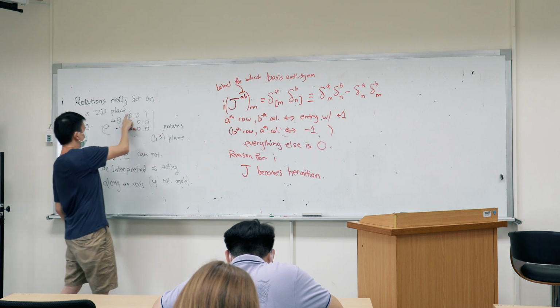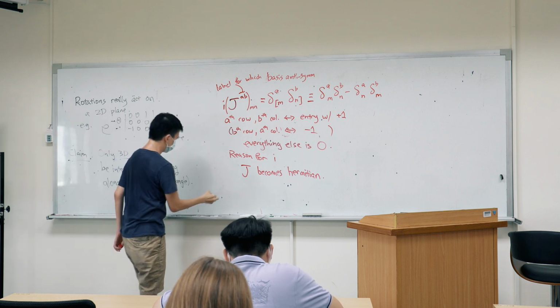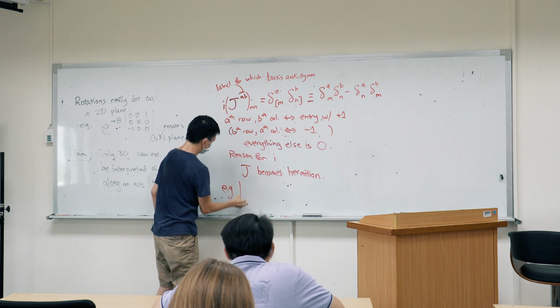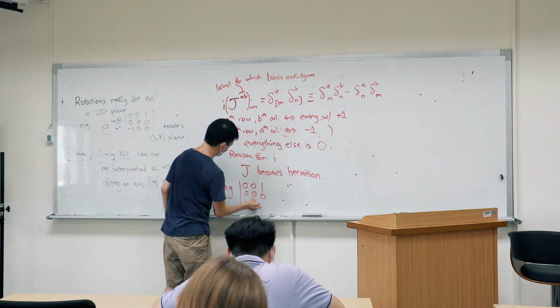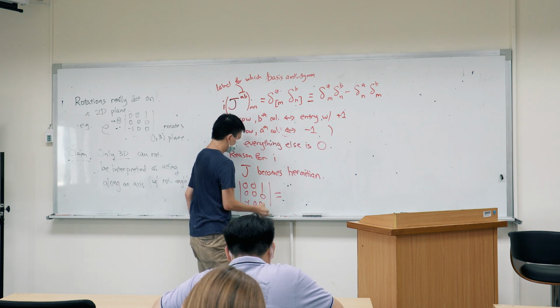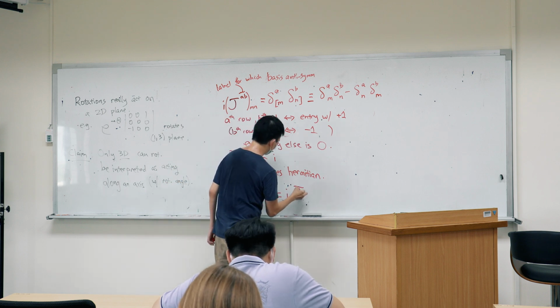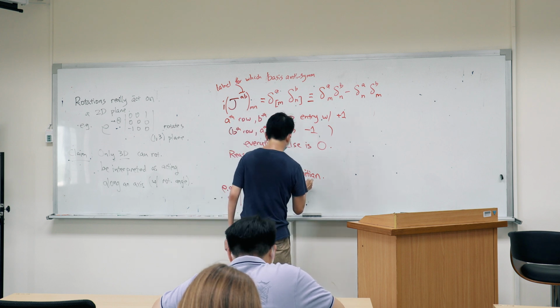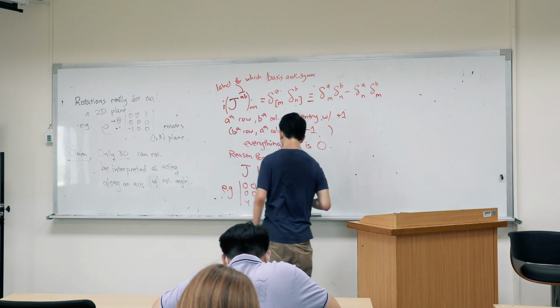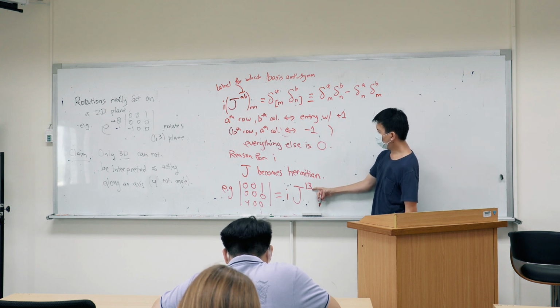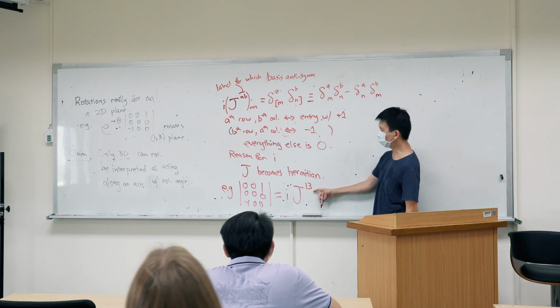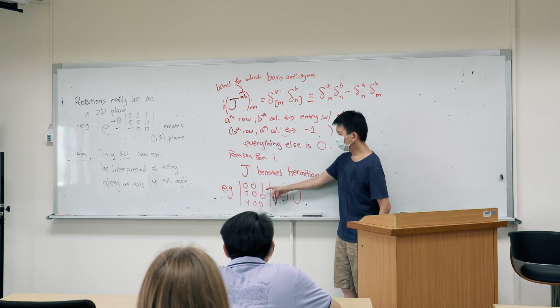I claim that this guy, 0, 0, 1, 0, 0, 0, minus 1, 0, 0, is in fact i times J13. As I said before, AB is supposed to tell you which component is the 1.